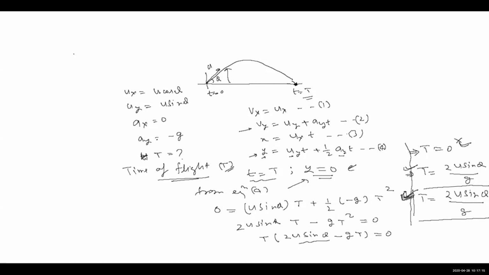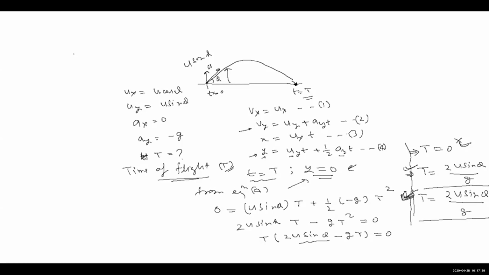Negative, sir. Can I say when the particle reaches the ground again, here, at this point, its speed or velocity along the y-axis was u sine theta. And here we get minus u sine theta.